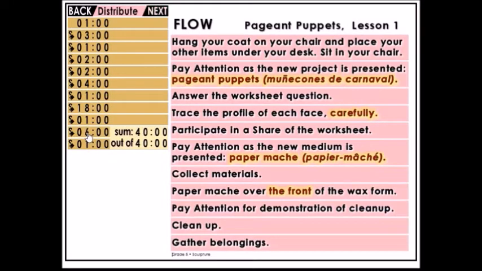Let's see, 6 minutes is not enough time for cleanup. I'll change that to 7 and adjust these tasks. I've finished distributing the time, and so this button will allow me to continue to the next page.